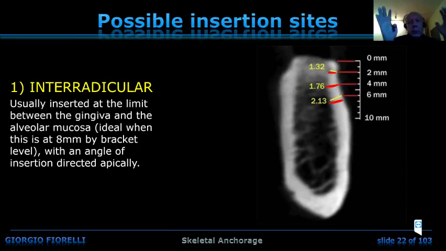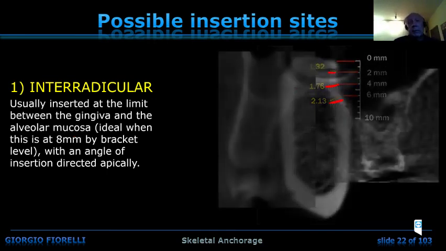So if you lose a TAD in the mandible, it's not very likely that it depends on the lack of bone, but probably there are other factors. While in the upper arch, this is a great possibility.